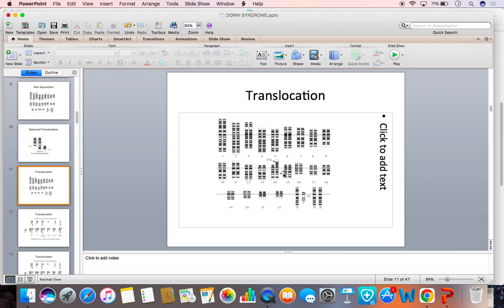So there is extra genetic material related to the chromosome 21 in this particular individual. Okay, but the total number of chromosomes with translocation Down syndrome is 46. Okay.